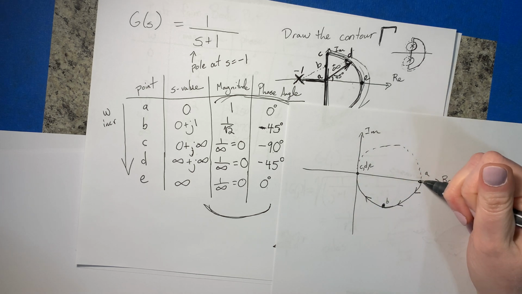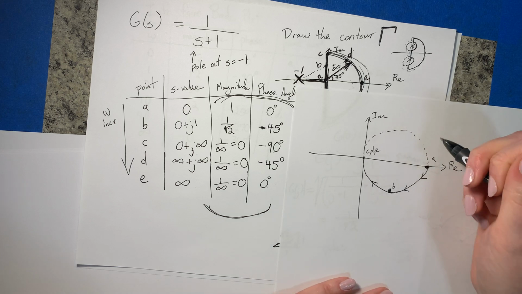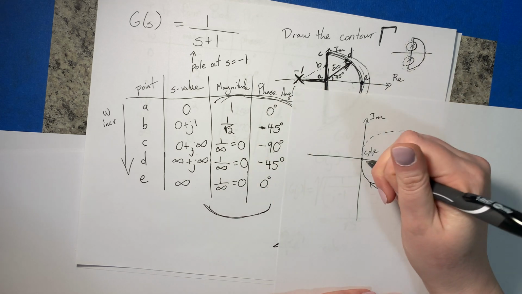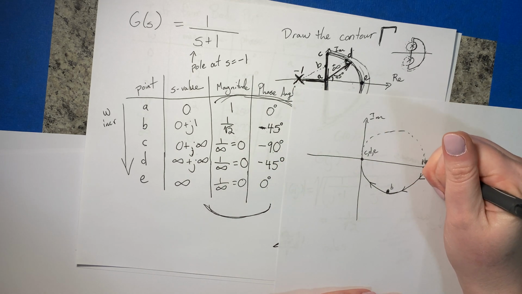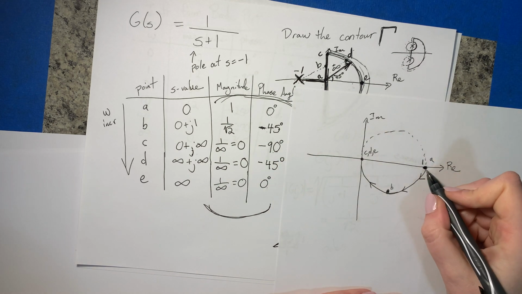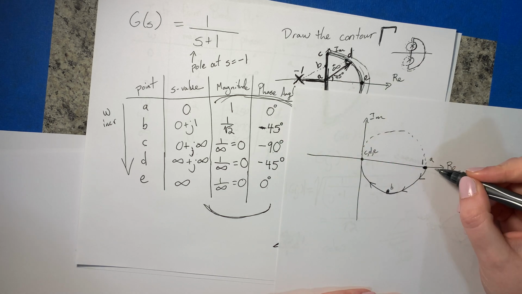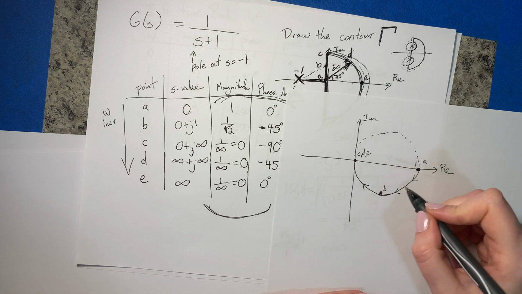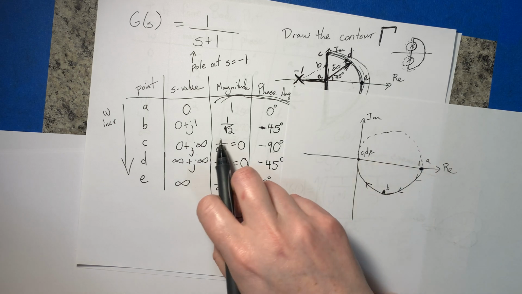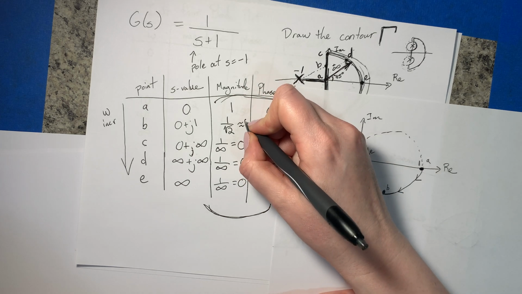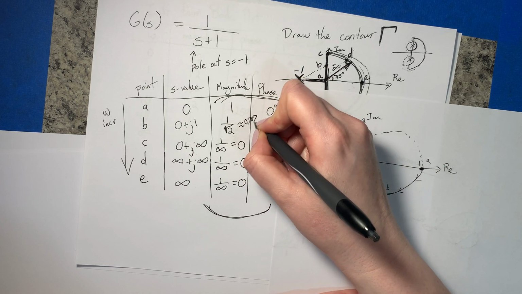Now, let's walk through how I filled this in. So for point A, we had a magnitude of 1. And so we said that this was 1. And then we had a phase angle of 0. So it was just on this axis. Now, for point B, we had a magnitude of 1 over square root of 2, which is about 0.707.